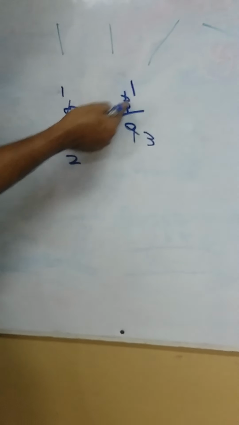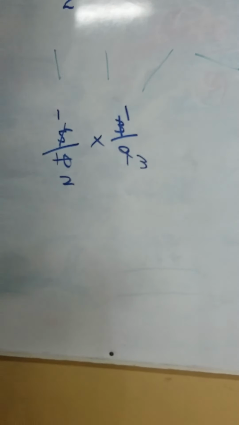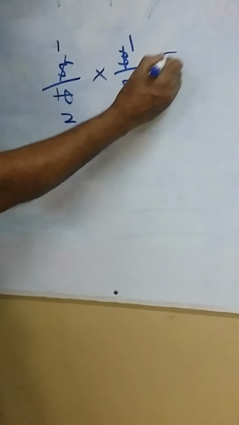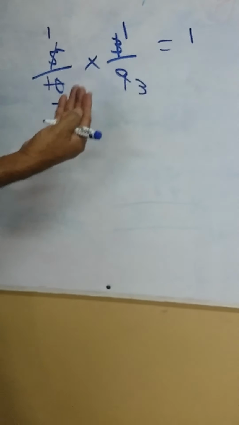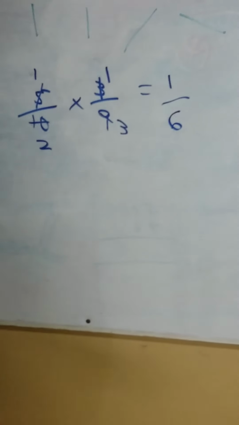No. Can we reduce this way? No. So now that we have checked our 4 ways of reducing, then we multiply our numerator by our numerator to get the numerator of the answer, and the denominator by the denominator to get the denominator of the answer. 2 3s are 6.